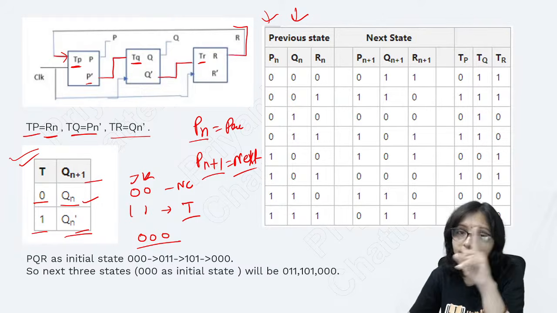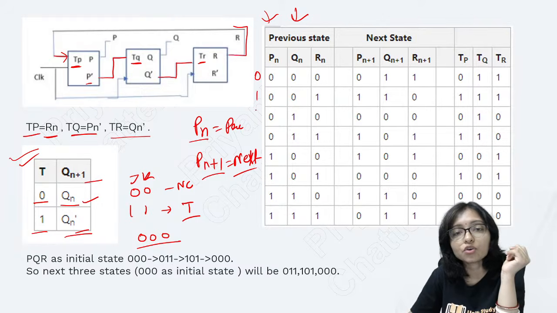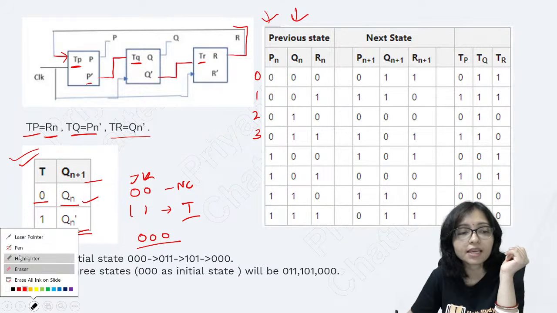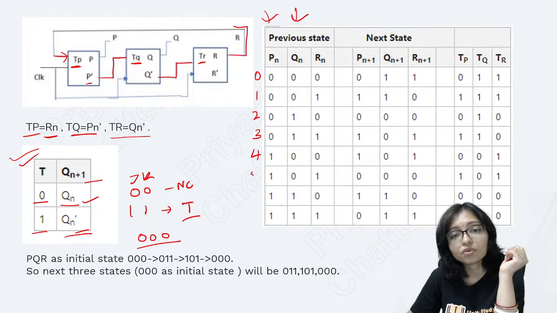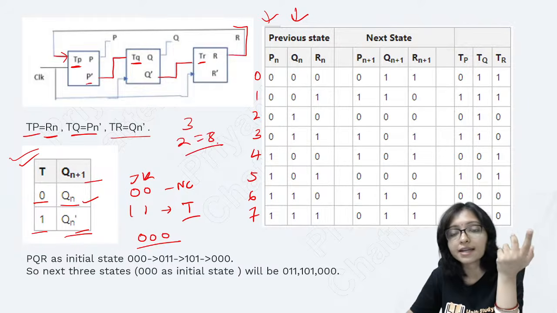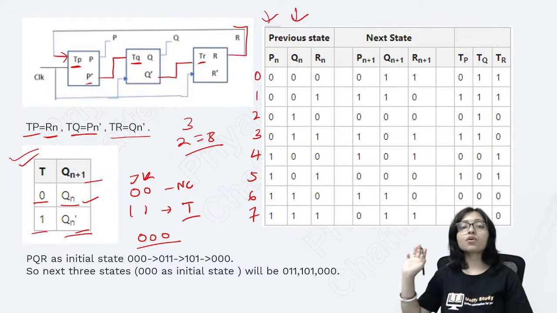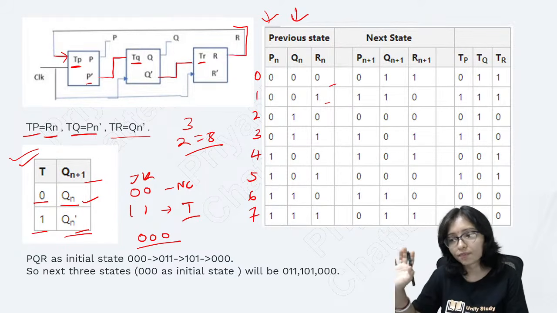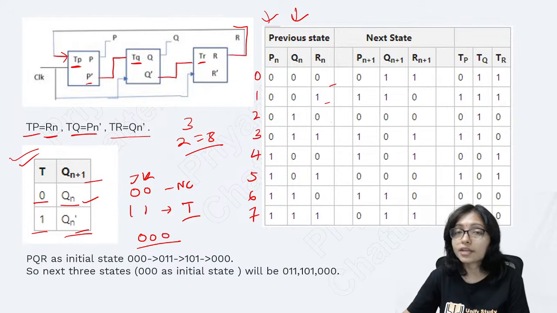The truth table will be simple, with 0 to 7: 0, 1, 2, 3, 4, 5, 6, 7. Because there are 3 inputs, using 2 to the power 3, 8 combinations are possible. Write down the 8 combinations: 0 0 0, 0 0 1, 0 1 0, 0 1 1, 1 0 0, in that way. Okay. Now we have to think.